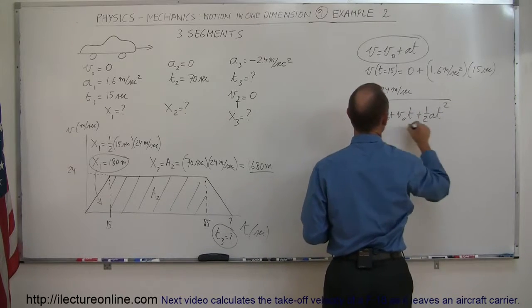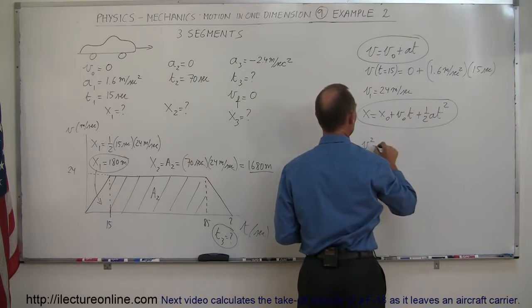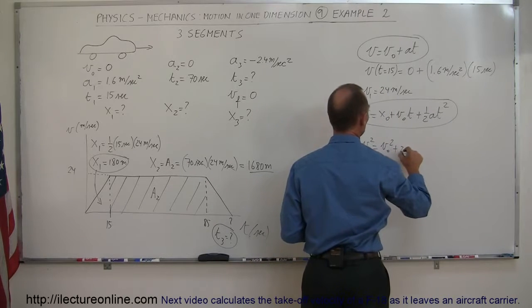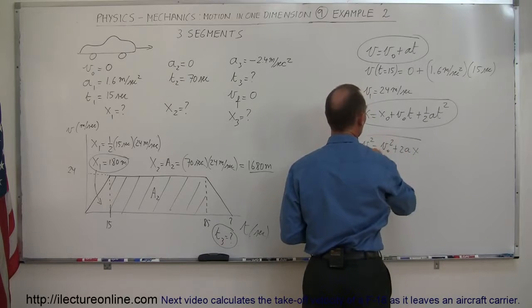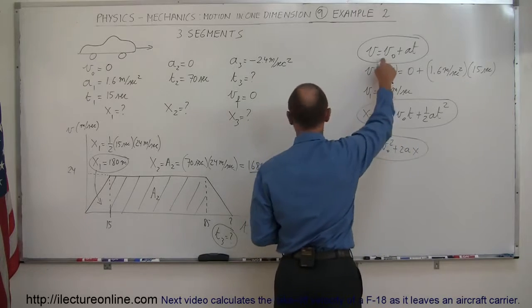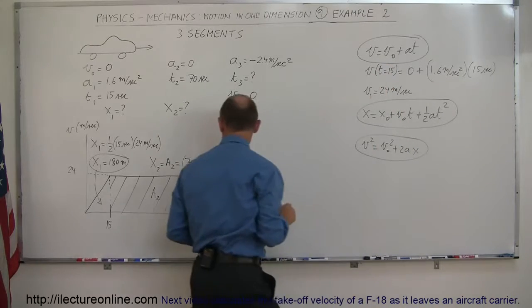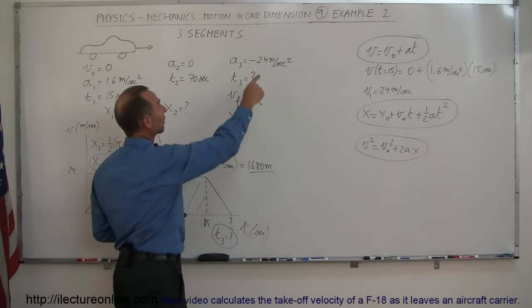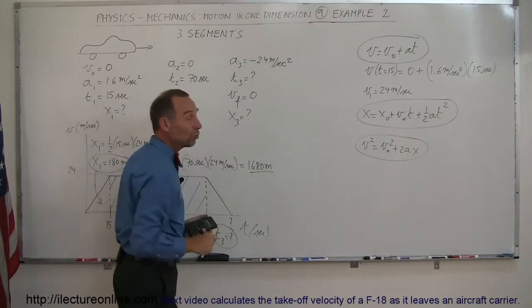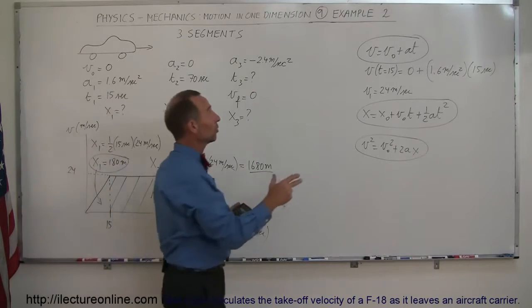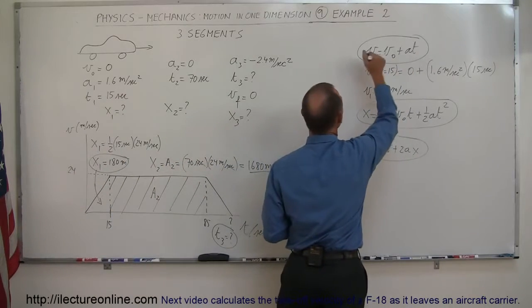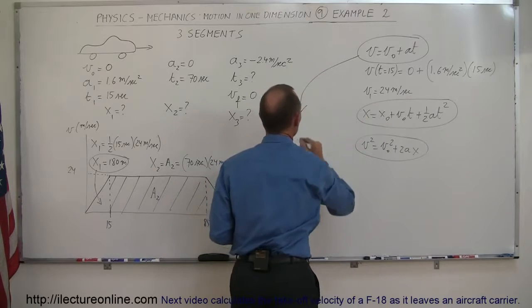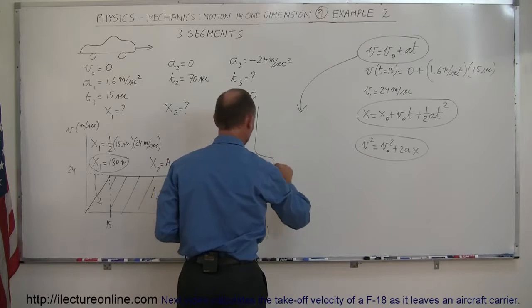And then we have the equation v squared equals v sub naught squared plus 2ax. Notice that with the equation v equals v sub naught plus a t, we have the initial velocity, the final velocity, and the acceleration, so we can actually find the time. This equation only has one unknown in it, so let's use that for segment 3.